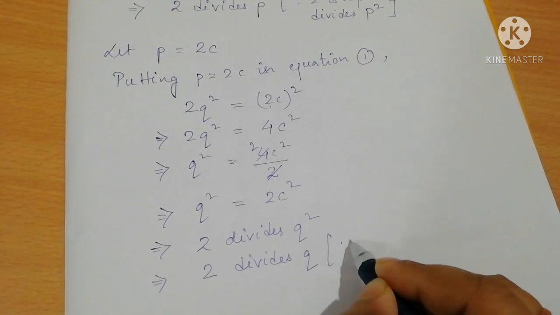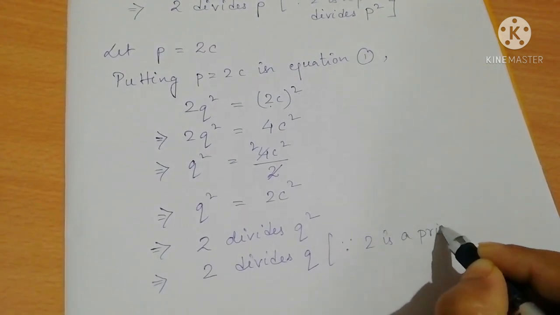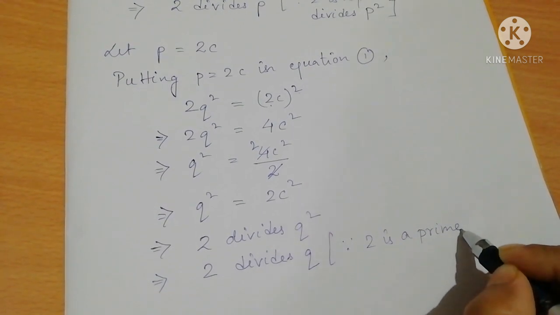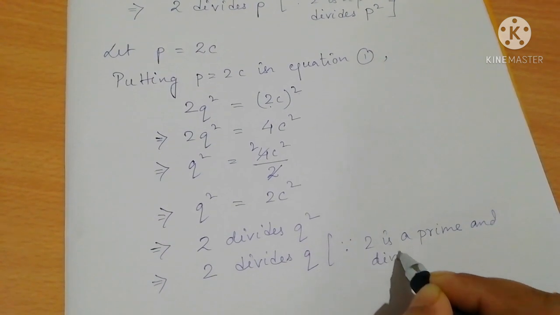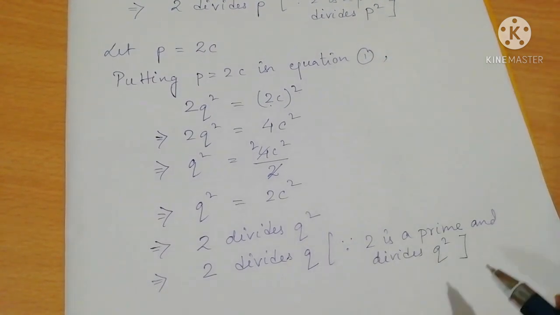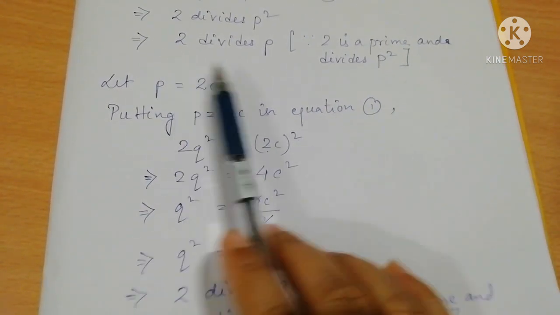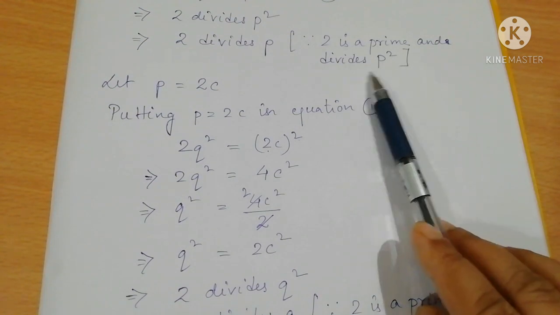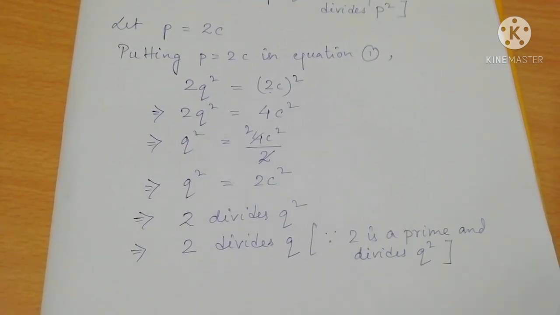That means 2 is a prime number and it divides q square. From the first, we have written 2 is a prime and divides p square, and in this case 2 is a prime and divides q square.